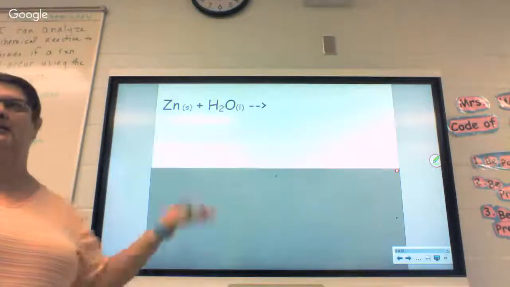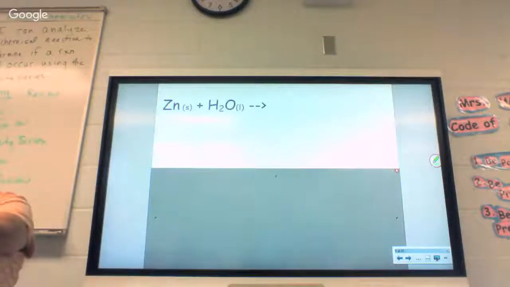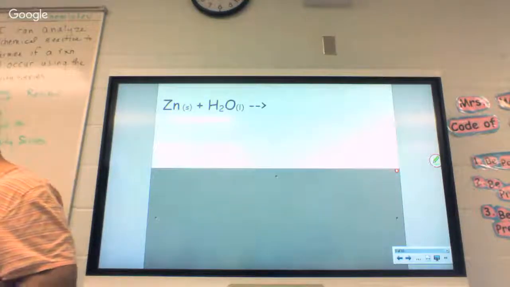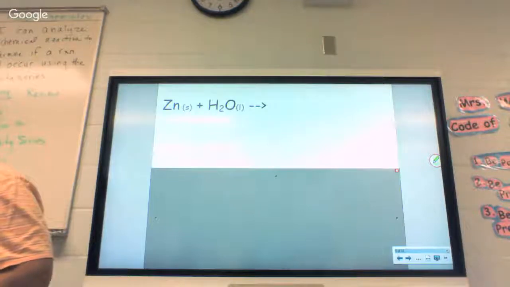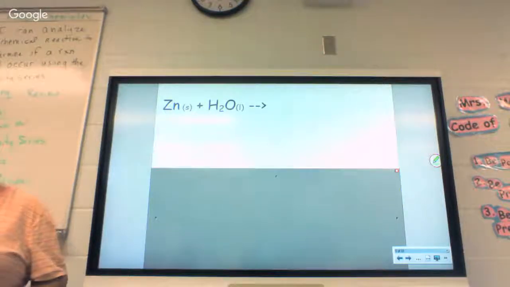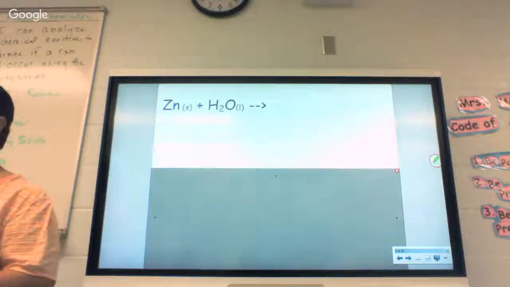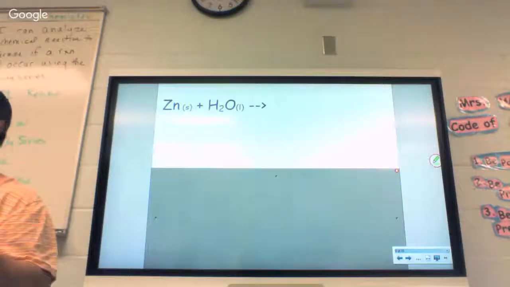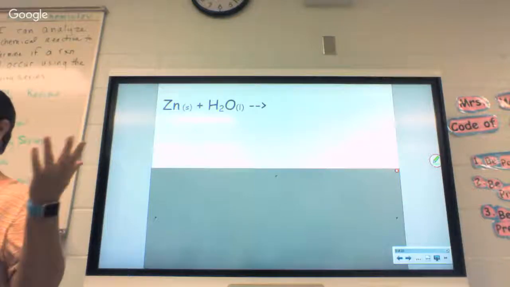All right, so let's say this is our example. Zinc plus water as a liquid, and you want to figure out if this reaction occurs. First of all, rule 1. Do you have water as a liquid, or any type of water?